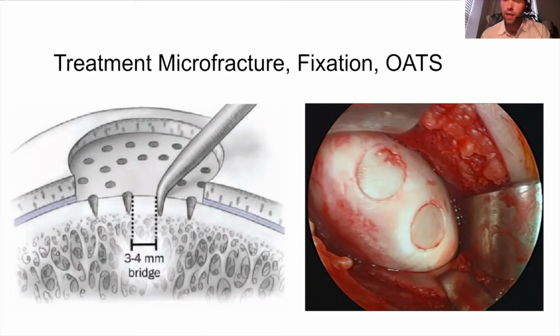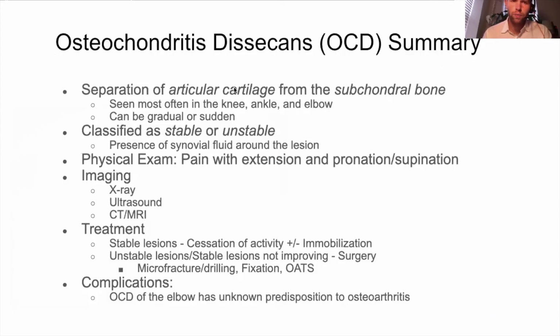In the knee, for example, if there's an OCD lesion, it's taken from the outside of the femoral condyles where you're not having the patella articulate against the femur. In any event, this can be a potentially catastrophic injury for an athlete, and it is important to recognize early and to treat aggressively.